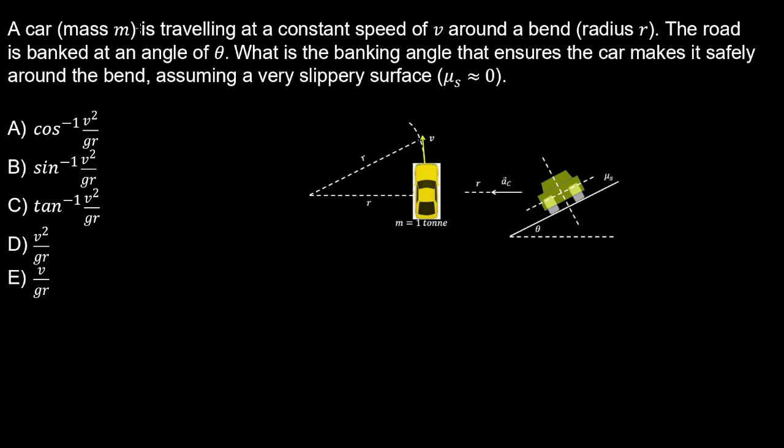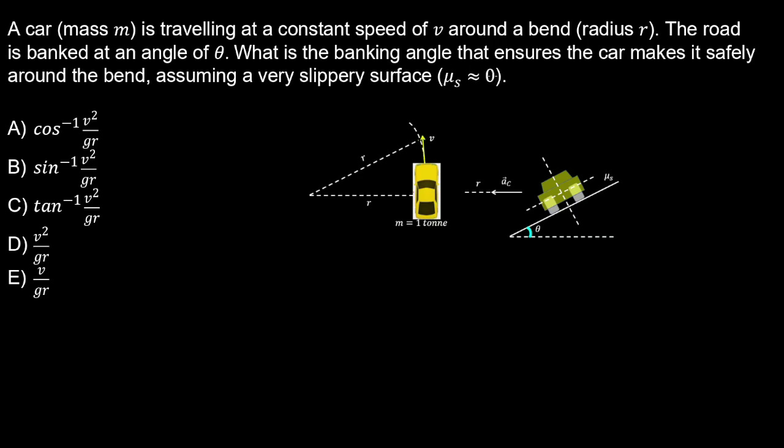A car with a mass m is travelling at a constant speed v around a bend with a radius r, and the road's banked at an angle theta. What is the banking angle that ensures the car makes it safely around the bend, assuming a very slippery surface?